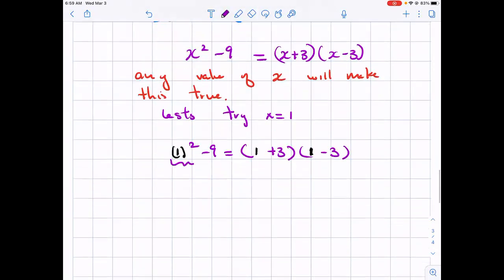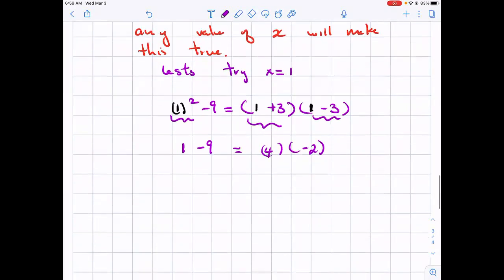So 1 squared is 1, minus 9 is minus 8, and 1 plus 3 is 4, 1 minus 3 is negative 2, and 4 times negative 2 is minus 8.